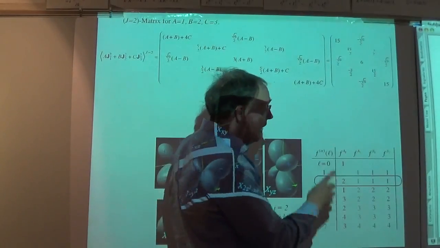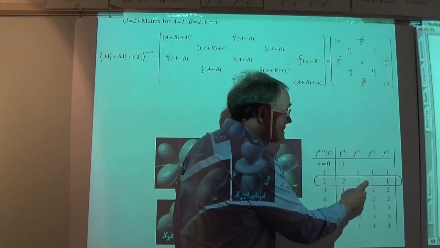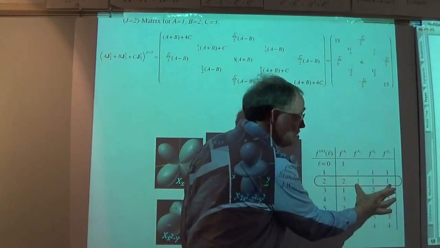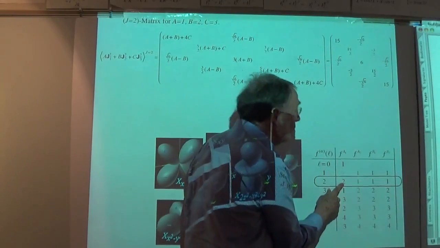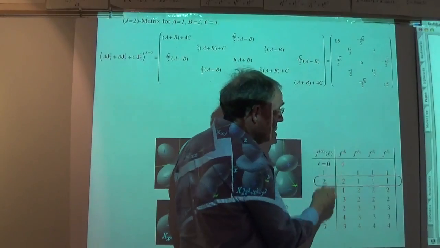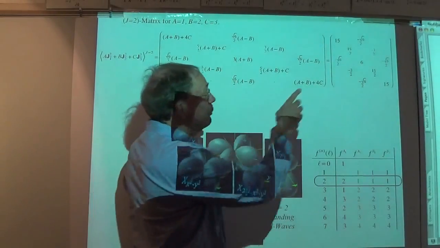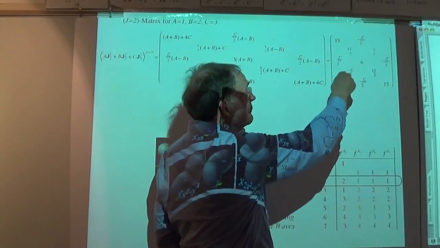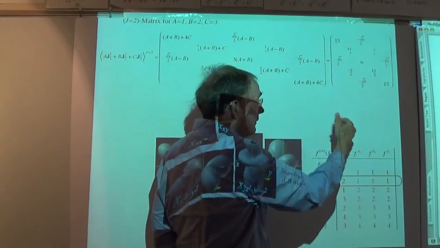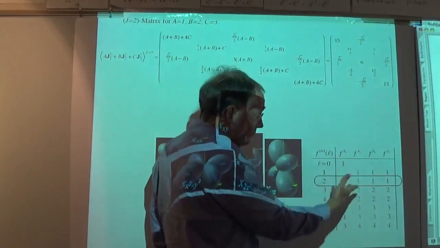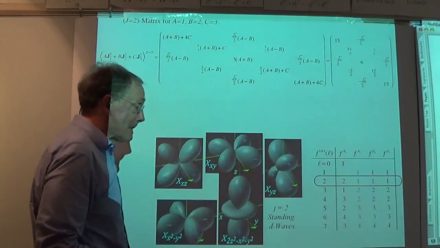It tells me that I can be sure of what my eigenvectors are for this, this, and this, because there's only one of them. But this one, there's 2. The A1, there's going to be 2 ways to make an A1. That means there's going to be a 2x2 blocked matrix that's going to come out of there. The other 3 are going to be on the diagonal when I use symmetry projectors from D2.